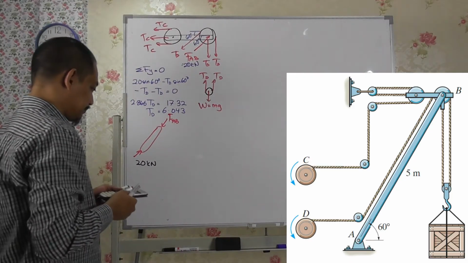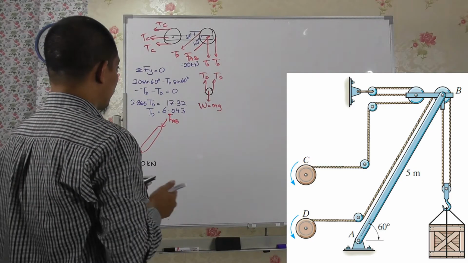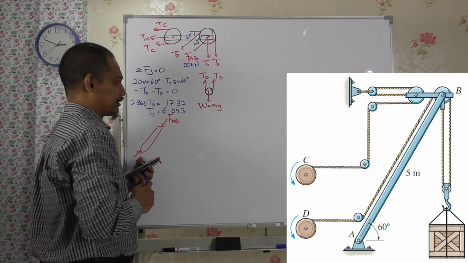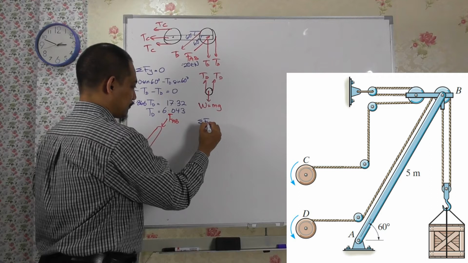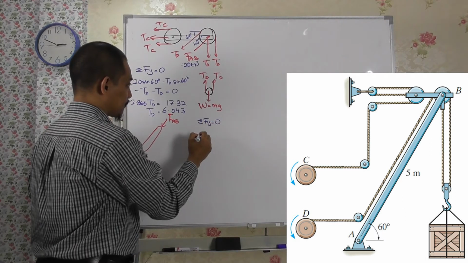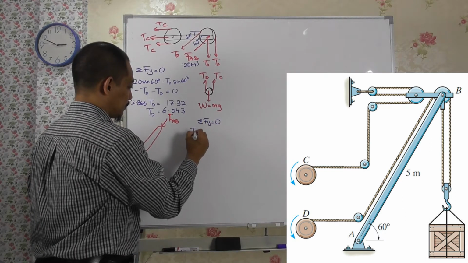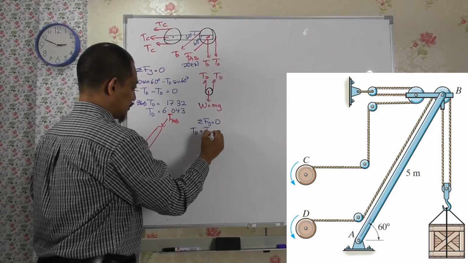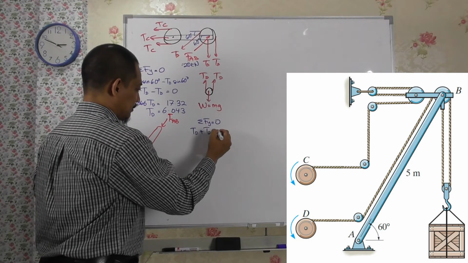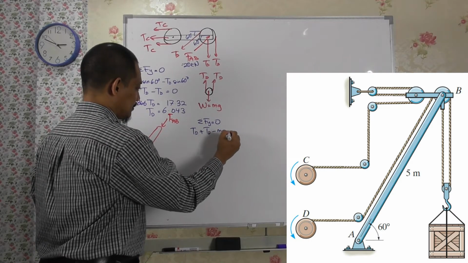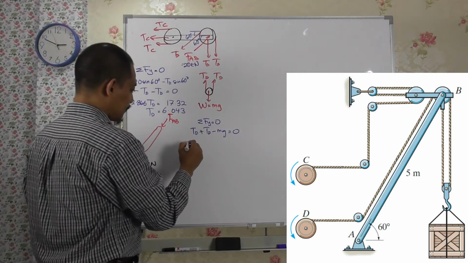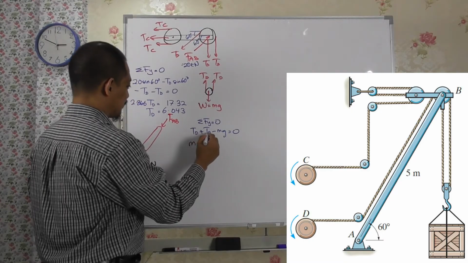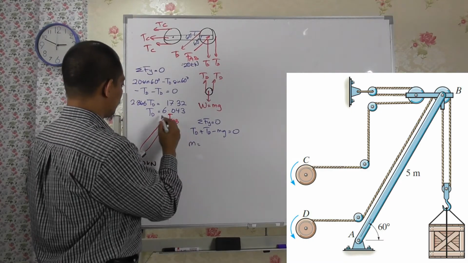That is TD. Based on that, you can calculate for W, right? From here, summation of Fy equal to 0, TD plus TD minus mg equal to 0. So from here, m is basically TD plus TD, right?